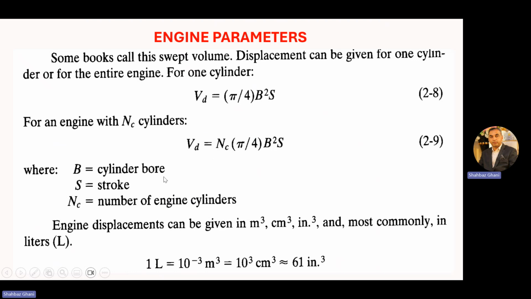So B is the bore, cylinder bore, S is stroke, and NC is the number of engine cylinders. Now engine displacement can be given in a number of units: meter cube, centimeter cube, inch cube, and most commonly in liters. As you have seen, 2.8 liter, 2 liter, 2.5 liter, or 1.3 liter vehicles in your general life.